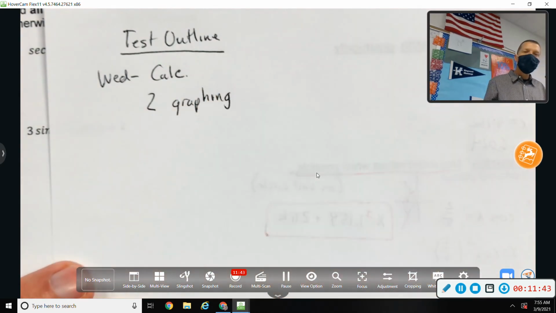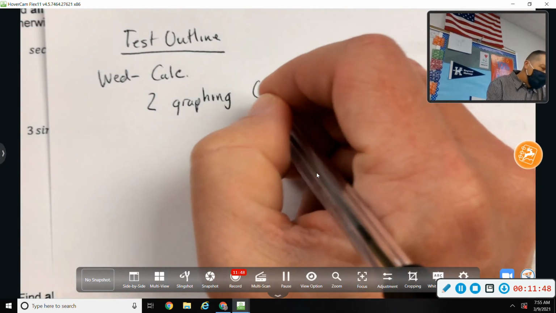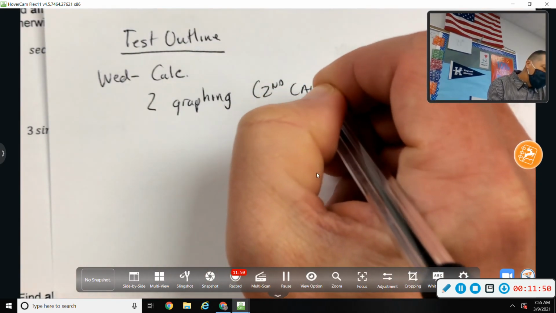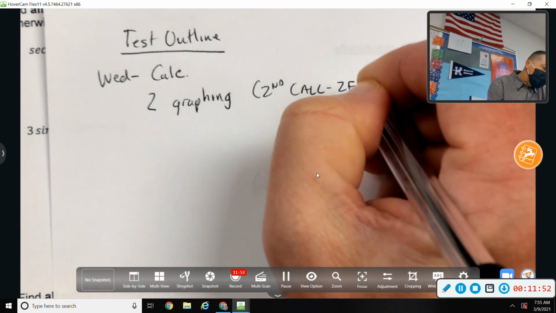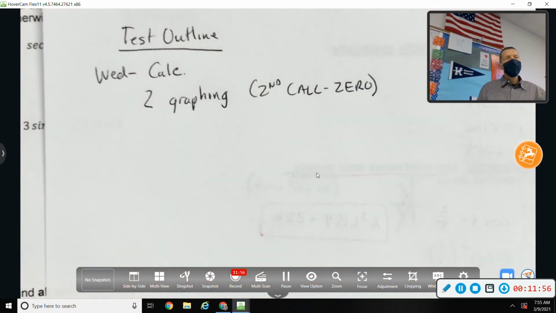Two, solve by graphing. So that's the Calc 0 thing, or second Calc 0, however you want to remember that. Just like the first warm-up we did. Those are pretty easy. Just make sure you get it in the calculator correctly with all the parentheses and the squares and stuff.